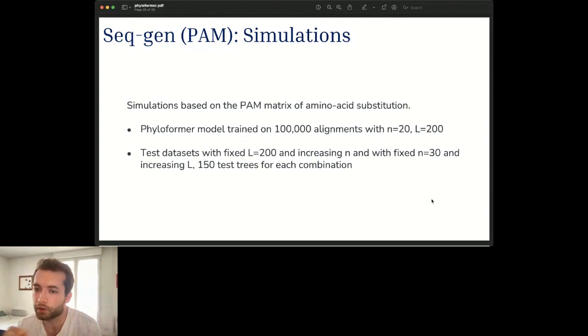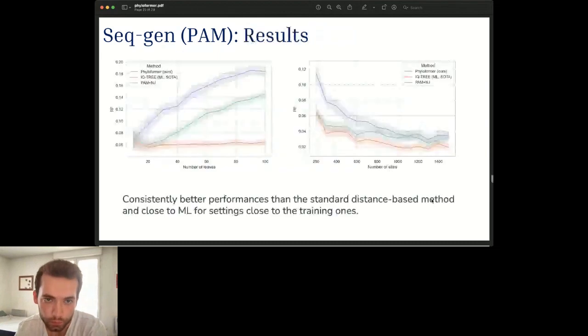So we trained our model only on alignments with 20 sequences and 200 sites. But then we tested it on several different datasets with a fixed sequence length and increasing number of sequences, and with a fixed number of sequences and increasing sequence length, testing on 150 trees for each combination.